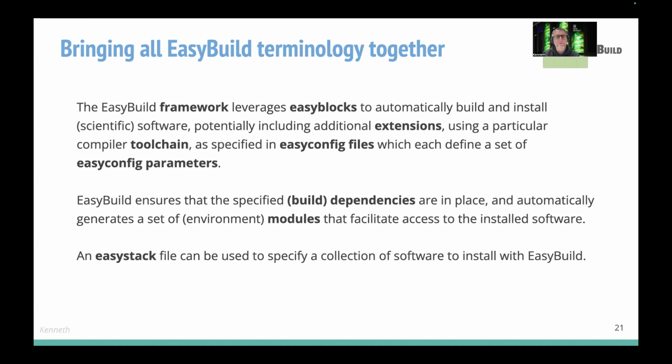And these define EasyConfig parameters that then control exactly what the EasyBlock does. The build dependencies and dependencies that are necessary are installed first by EasyBuild. And at the end, it will also generate module files for each of the installations. And then if you use an EasyStack file, you can describe a collection of software that EasyBuild should install. So this brings all the terminology together.